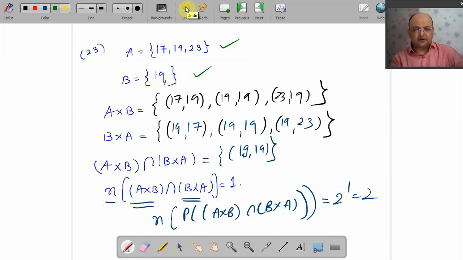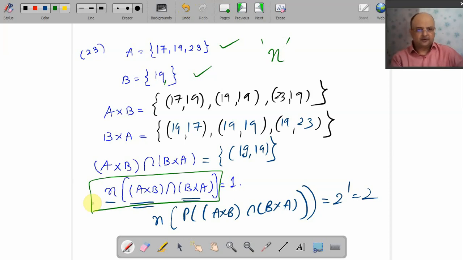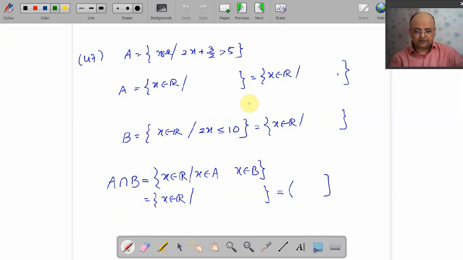If A and B have n elements in common, then find out n of A cross B intersection B cross A. Done? Ready? That is your homework. And you have to give it to me by 5 o'clock this evening, Friday, on WhatsApp.